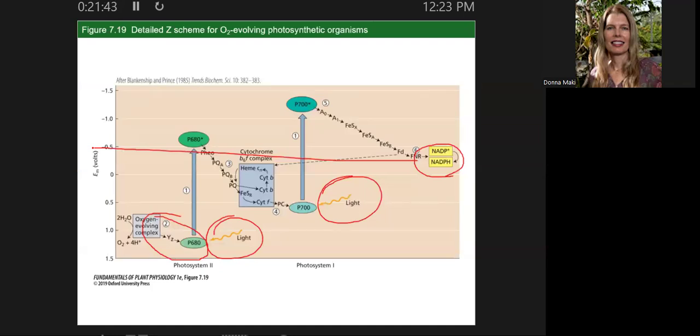So when the plant makes NADPH, we call that a reducing molecule, because now it can go to some other reaction nearby and say, hey, I've got some electrons I'm willing to give up to get a certain reaction to completion. Questions on kind of the big picture idea here?